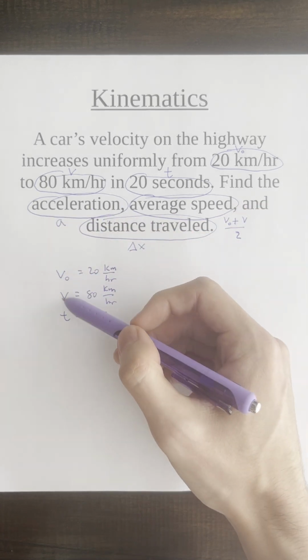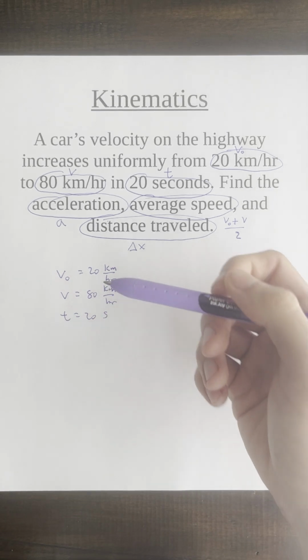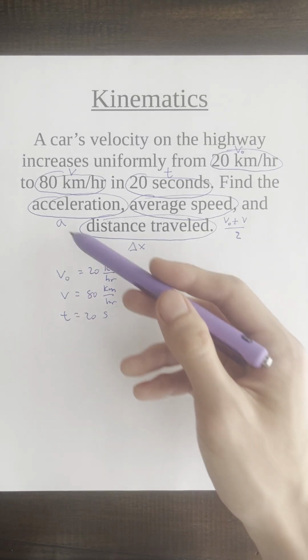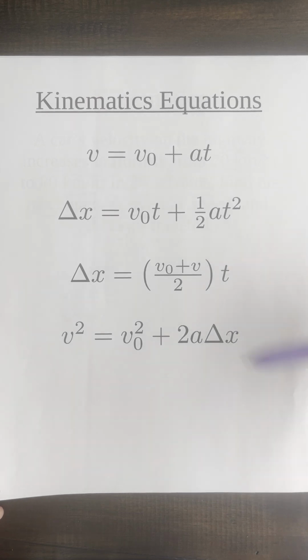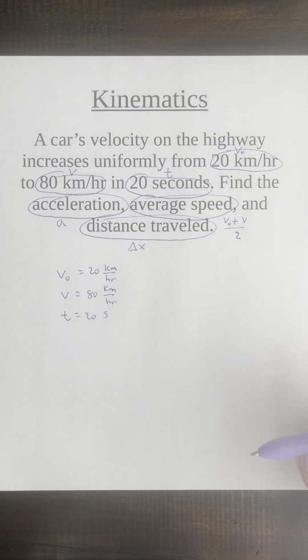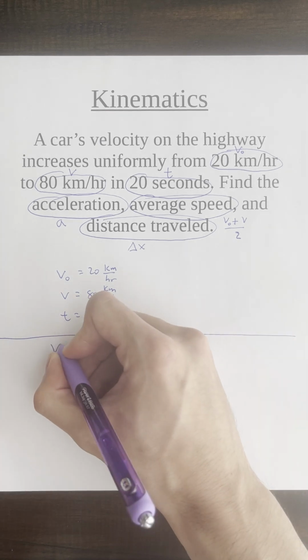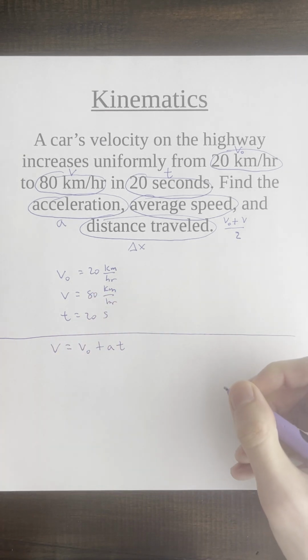We have V naught, V, and T, and we also want to find A. So what formula from this sheet has V naught, V, T, and A? It's this one. So let's go ahead and copy it real quick. V equals V naught plus A times T.